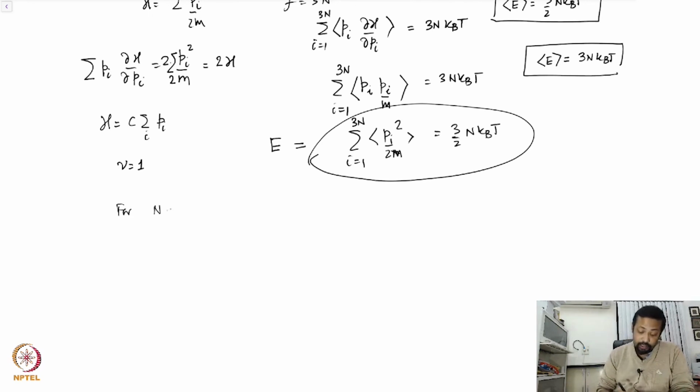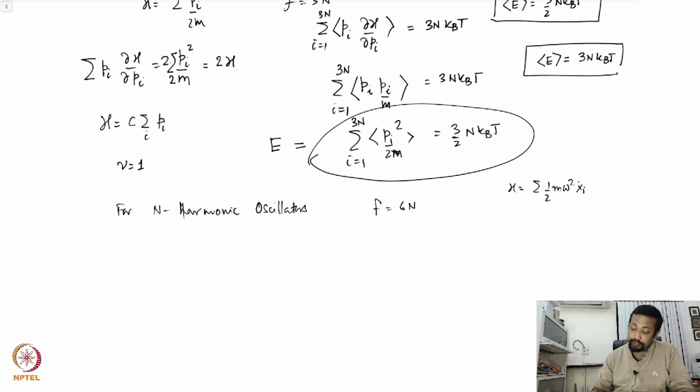For N harmonic oscillators in 3 dimensions, your degrees of freedom f is 6N. Your Hamiltonian is the sum over ½ m ω² x_i² plus p_i² over 2m, where i runs from 1 to 3N, and x_i also runs from 1 to 3N, so you have 6N degrees of freedom, and ν is 2.